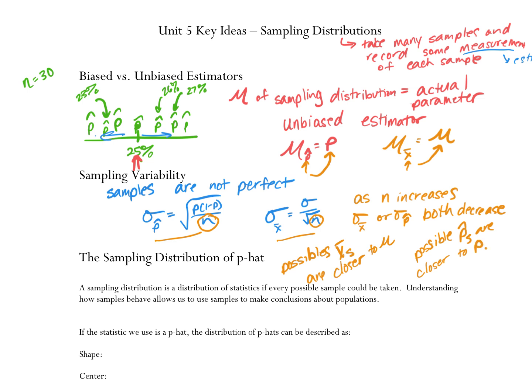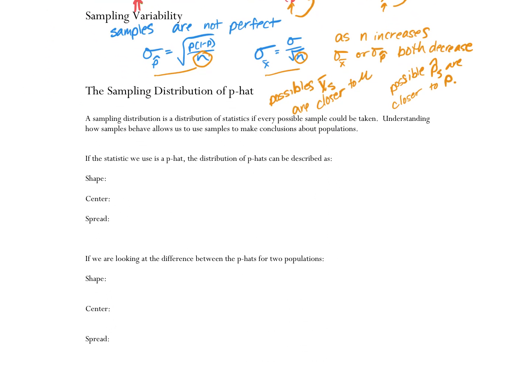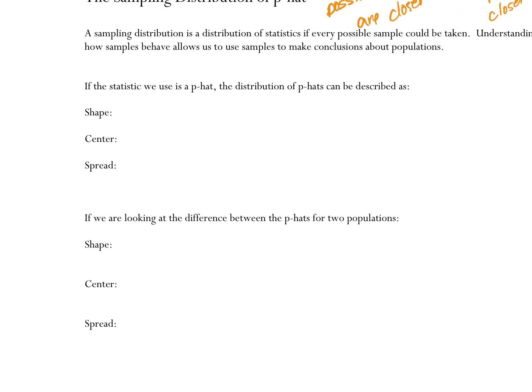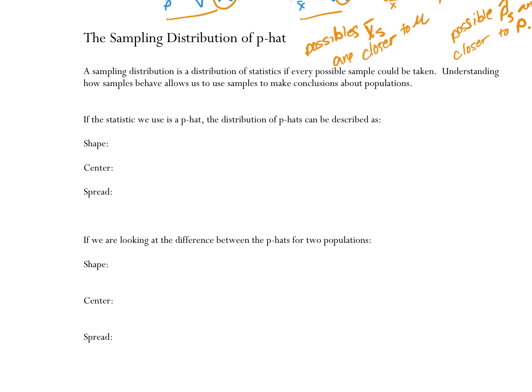And when you think about long term, if our goal is estimating, we want our estimators to be really darn close to the value we're trying to estimate in the first place, okay? All right, now, when we talk about the distribution of p hats, I have two different descriptions here. This is if I'm taking a single p hat, so we're talking about one population.